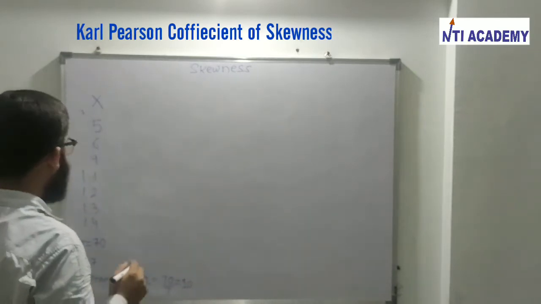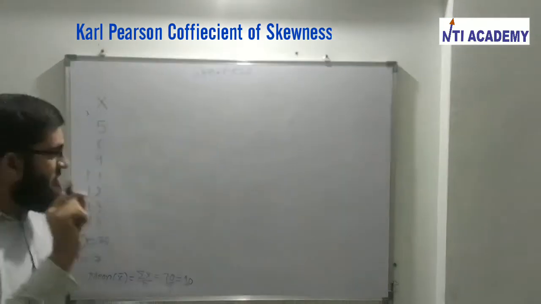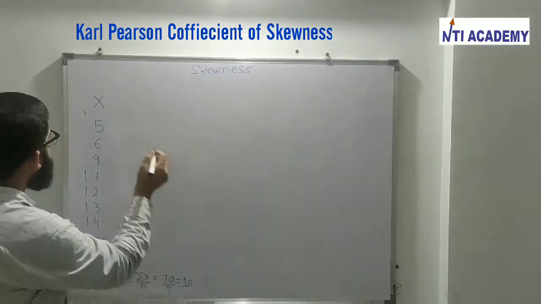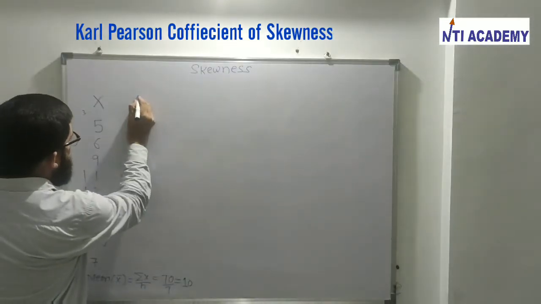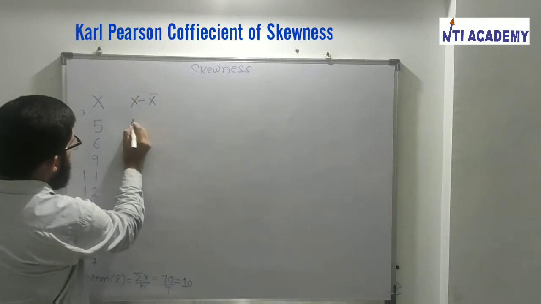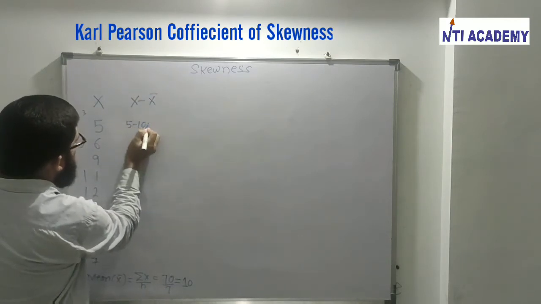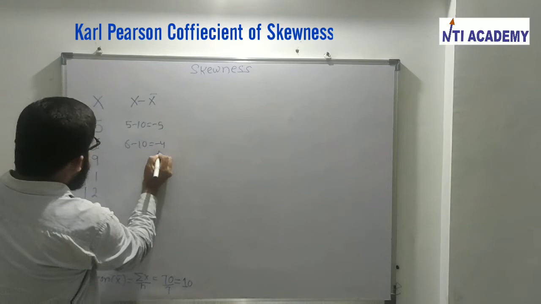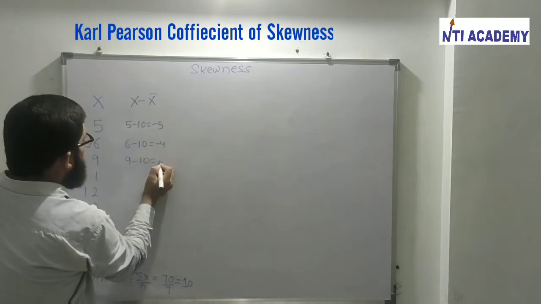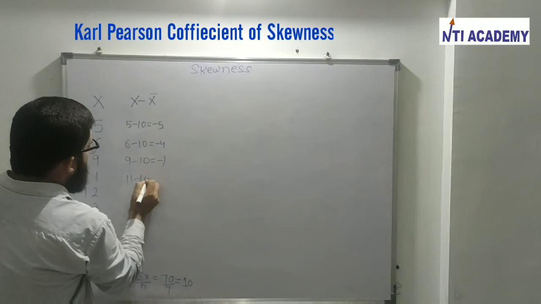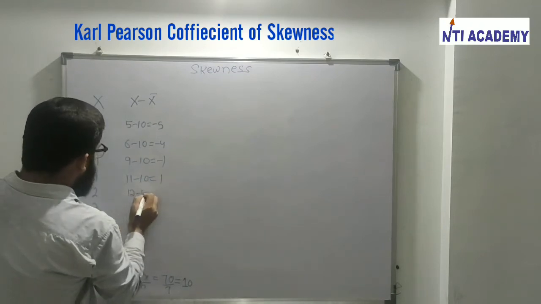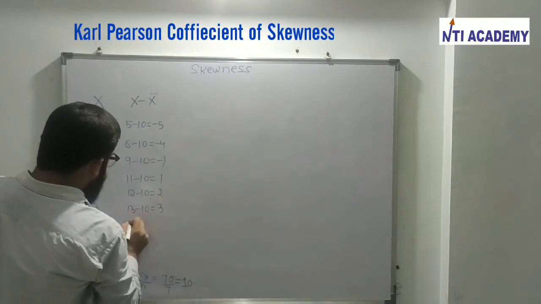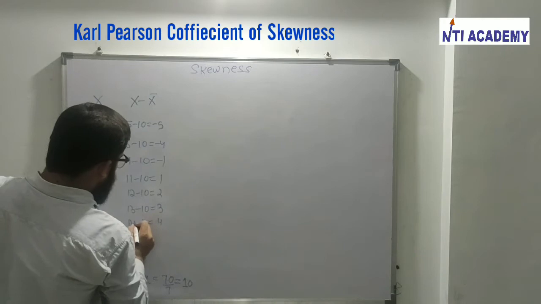Once we get the mean of the sample, we have to find the standard deviation, and we have just seen in the previous lecture how to find it. So we'll find d, that is x minus x bar. 5 minus 10 is minus 5, 6 minus 10 is minus 4, 9 minus 10 is minus 1, 11 minus 10 is 1, 12 minus 10 is 2, 13 minus 10 is 3, 14 minus 10 is 4.